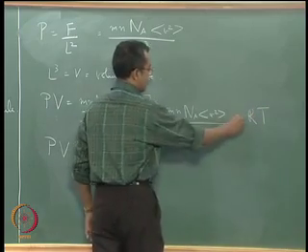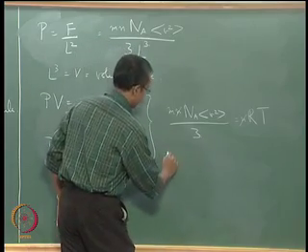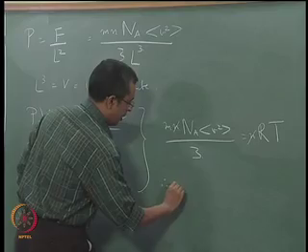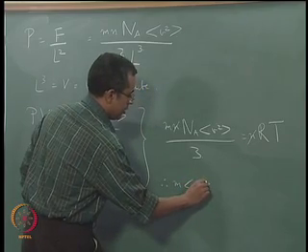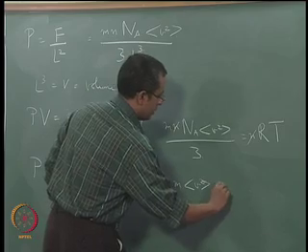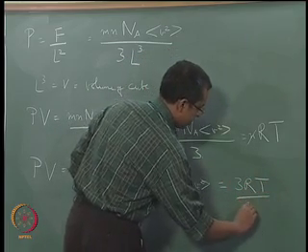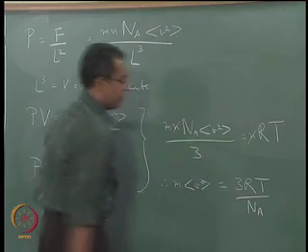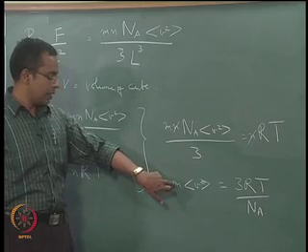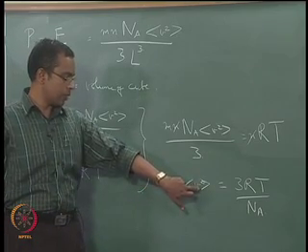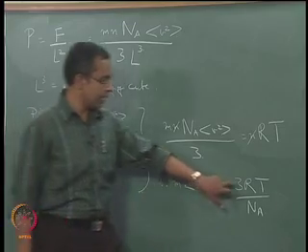We can cancel out n, and therefore we have m v square equals 3 RT by Na. So this is the expression we have for m v square. m is the mass of a single molecule, and v square is the mean of the squares of velocities, equal to 3 RT by Na.